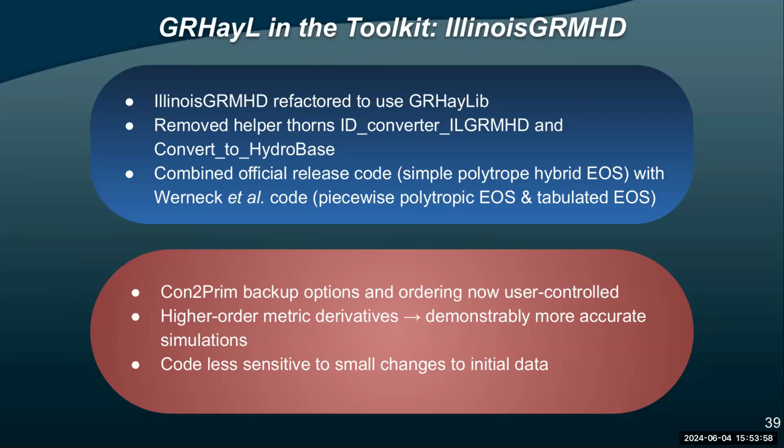I'm sorry, I'm confused. I thought higher order metric derivatives that are mentioned were fourth. Isn't fourth fairly standard? So what IllinoisGRMHD did before was combine the flux and source stuff all in one loop.